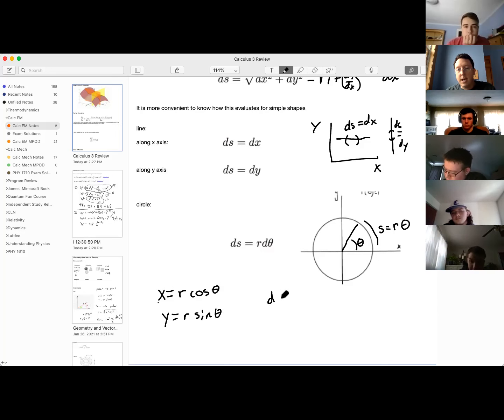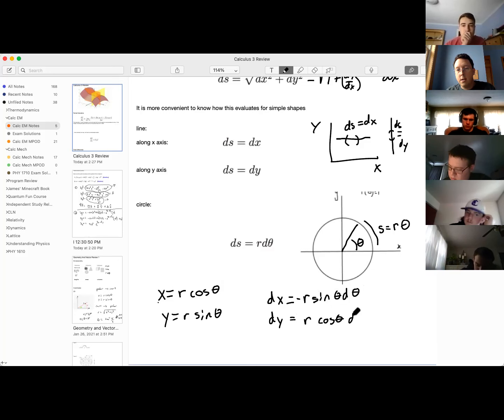So that means dx is, since the circle has constant radius, minus r sine theta d theta, using the chain rule, and dy equals r cos theta d theta.